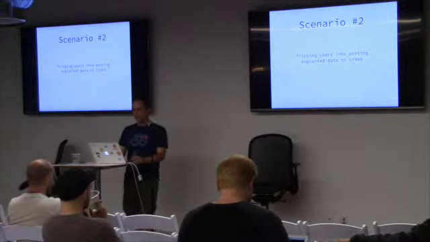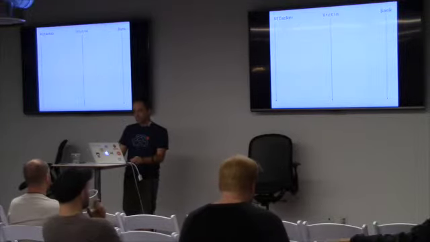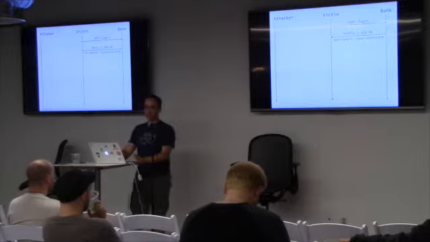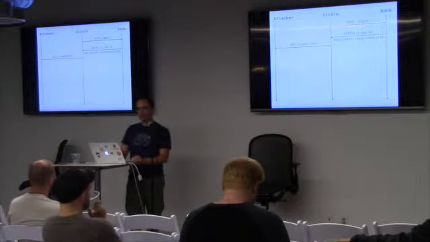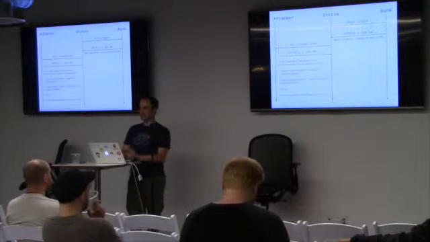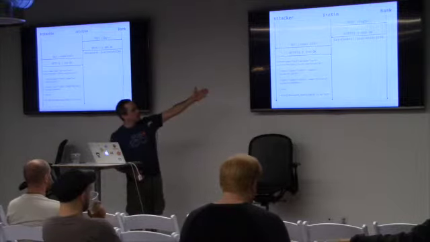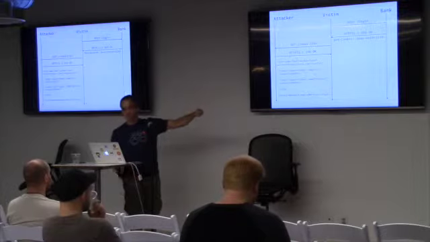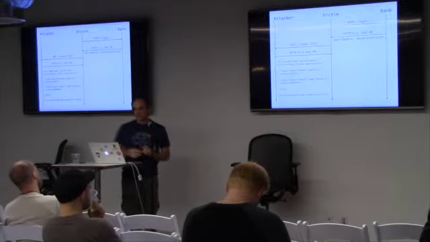Now, scenario 2 here is tricking the user into posting exploited data to sites. Same situation: the victim's already logged into the bank, and the attacker gets them to browse to a site they control. But in this case, what they return is a form, and the form does a post to bank.com/transfer, and it's got 2 hidden fields in there, so the person's never going to see anything when they hit the page.